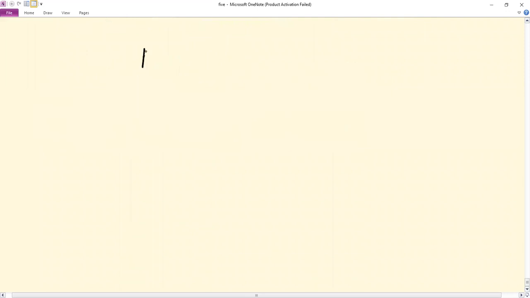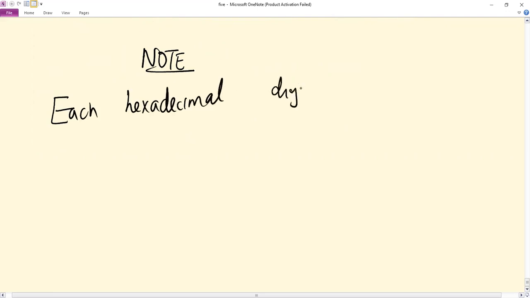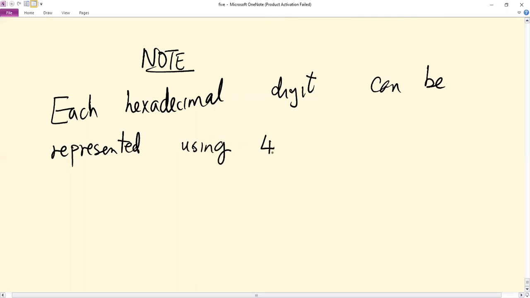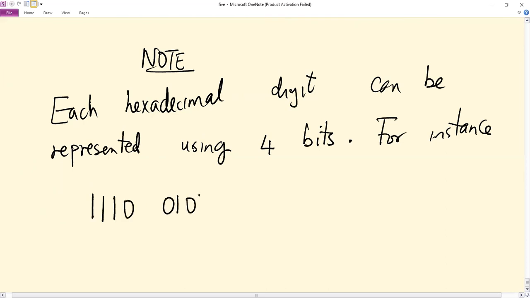And another thing, note that each hexadecimal digit can be represented using 4 bits. For instance, 1, 1, 1, 0, 0, 1, 0, 1.